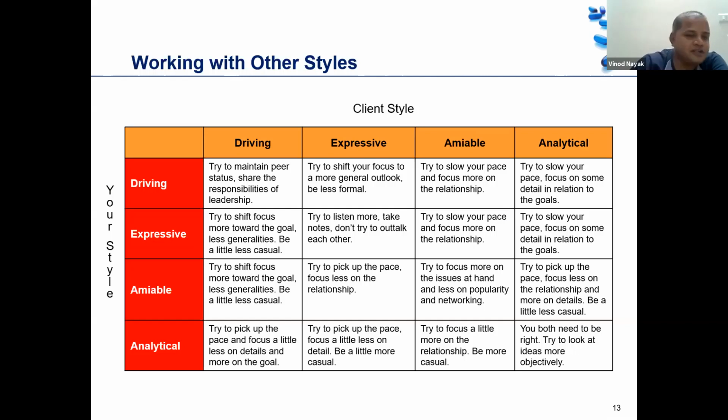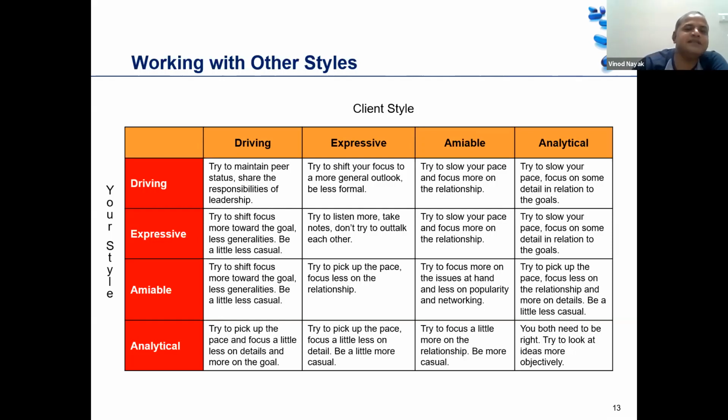You share the responsibilities. You try to maintain that peer relationship, where there is no one who is top and no one who is bottom. I believe you can understand it from the Reliance and Geo relationship. It's happening the same way. There is no boss or subordinate. Both are working on the end results.